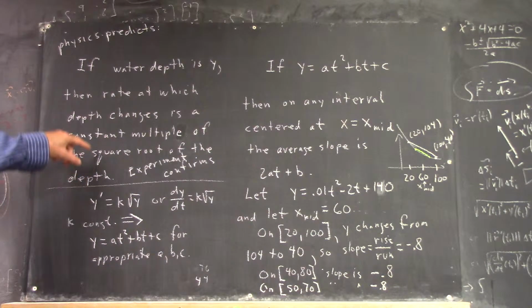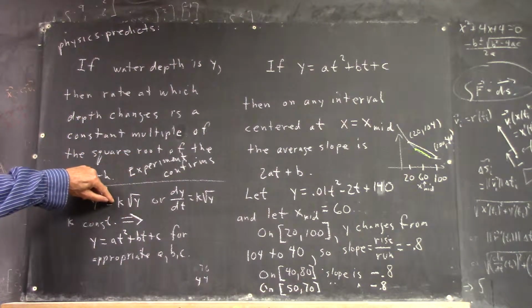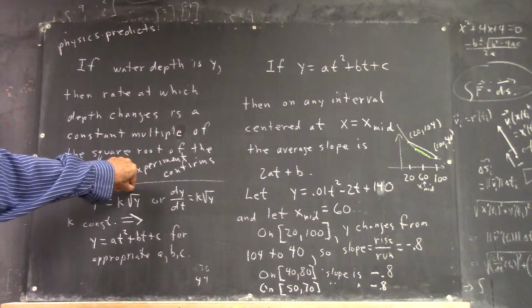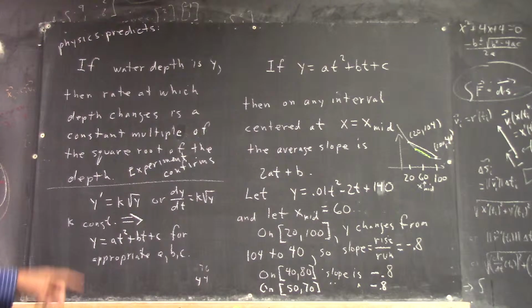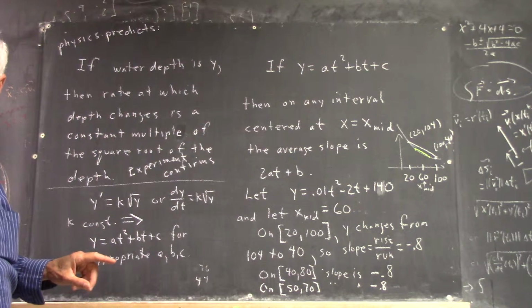This says a constant multiple of the square root of the depth is some number k times the square root of y, assuming y is the depth, and that's the way we've been using it, right? And y prime stands for the rate, okay?